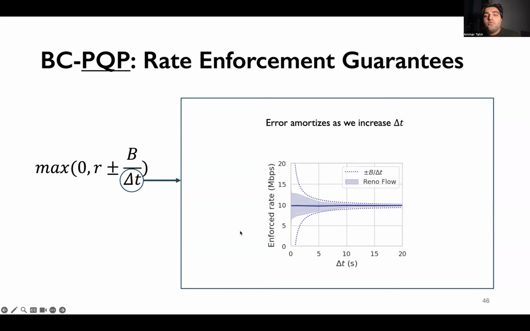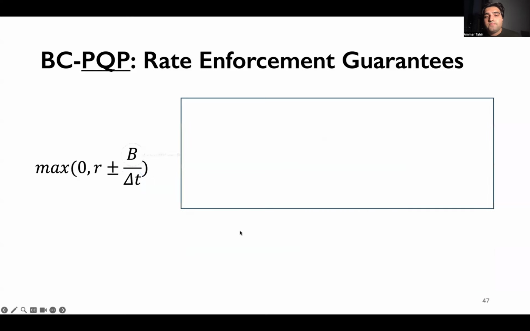Here we can see how variation in a real Reno flow's rate is contained within the theoretical bound. The error in enforced rate is also directly proportional to B, the size of the phantom queue. The larger the size is, the larger the burst will be.